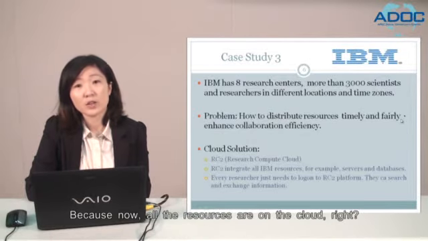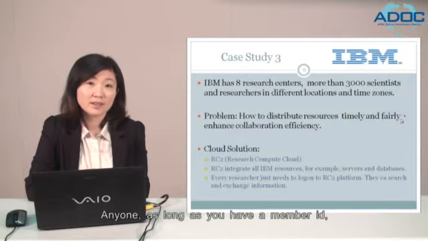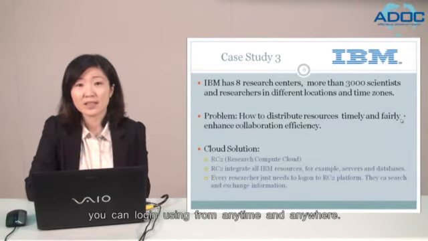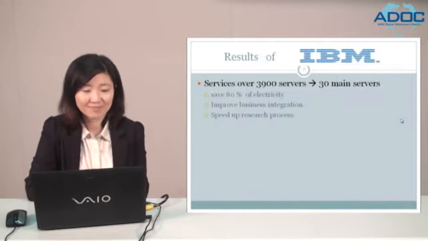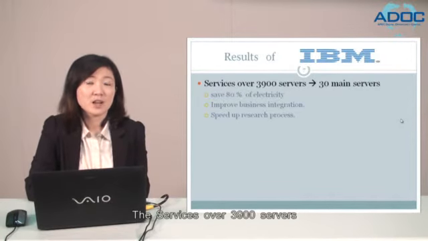Because now all the resources are on the cloud, right? Anyone, as long as you have a member ID, you can log in and use it at any time and anywhere. And let's take a look at the results of IBM. The services over 3,900 servers.